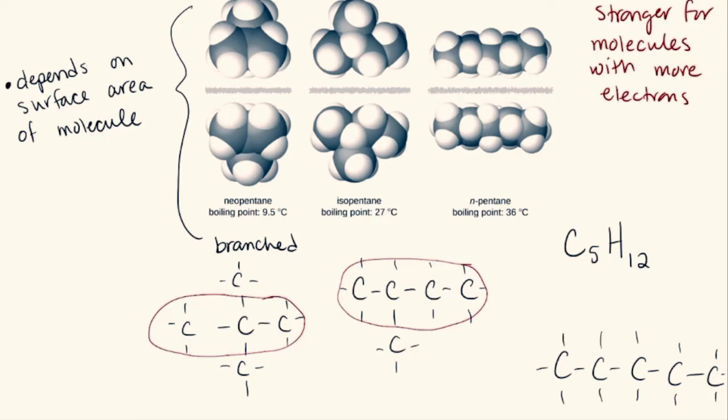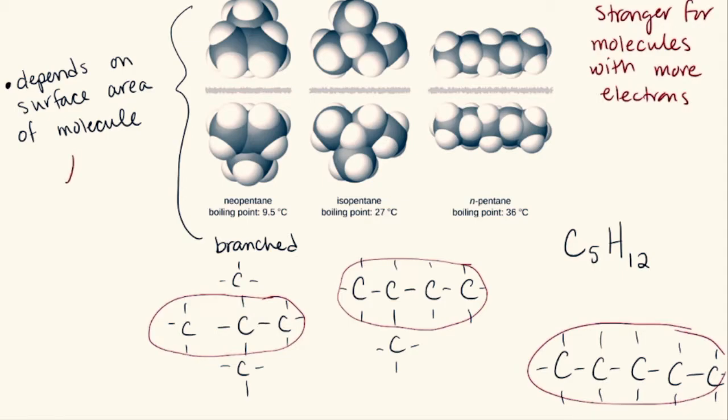This one is going to be even longer and have even more surface area, where 2 molecules of the longer sort can have stronger interactions. So for a greater surface area, for a more linear molecule, those forces will be stronger.